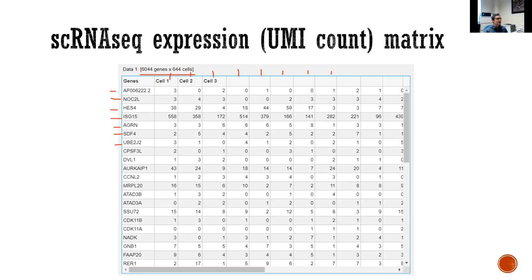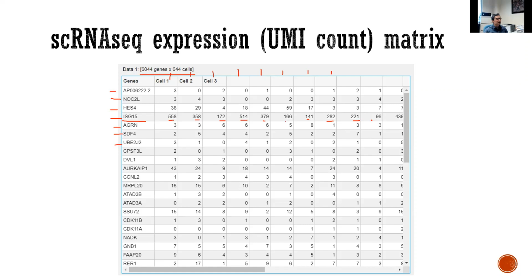First, you see genes have different expression levels. This gene, ISG15, has relatively higher expression in each of the cells. Overall, its expression level is higher than most of the other genes you see in this view.